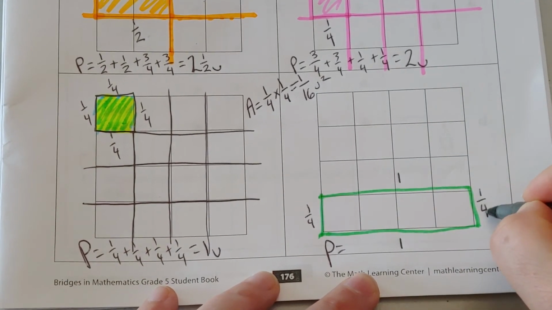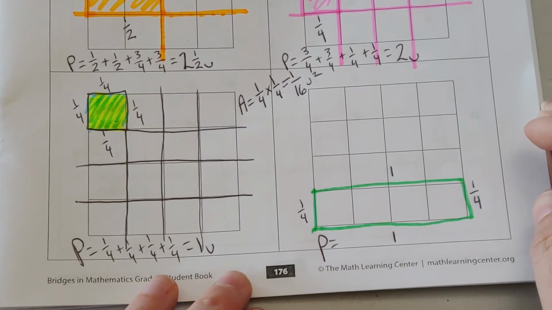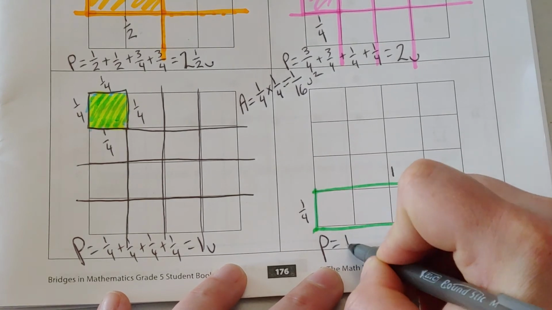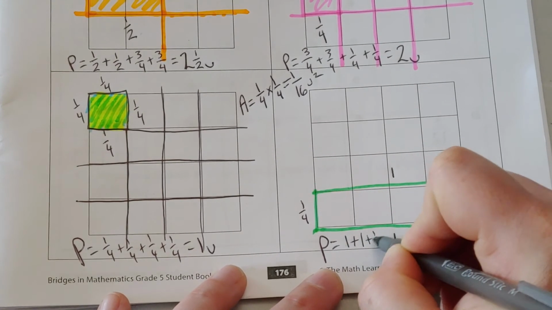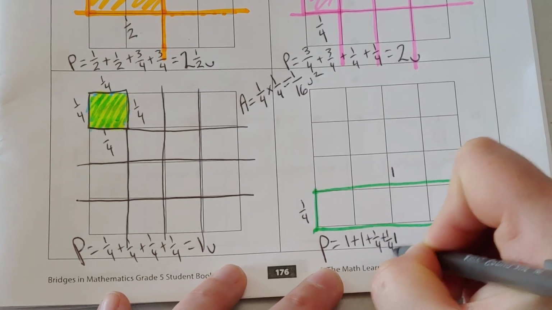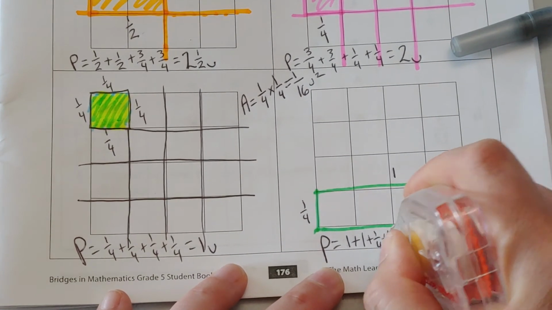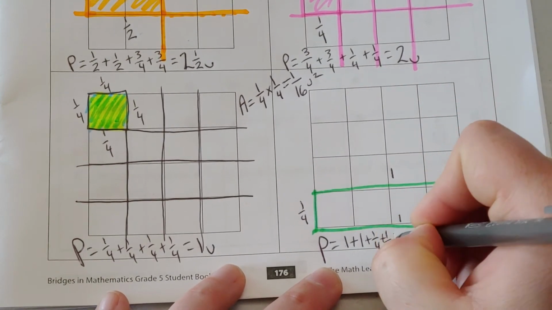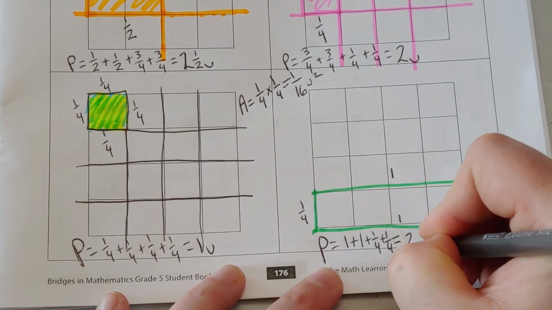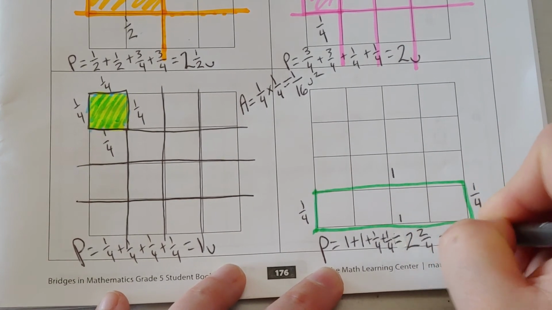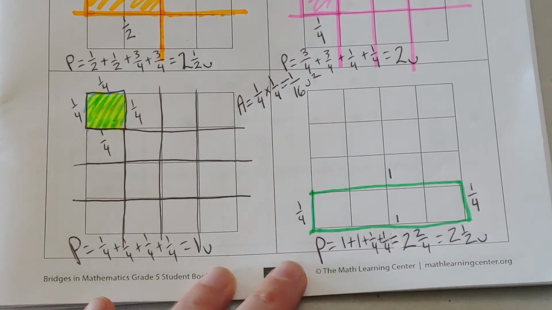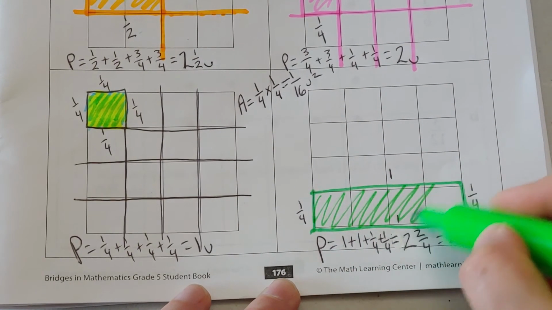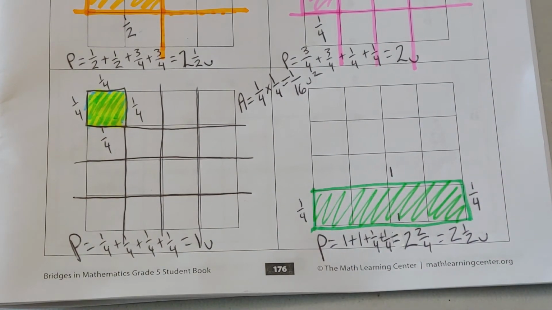Find me the perimeter for this rectangle. One plus 1 plus 1/4 plus 1/4. Equals 1, 2, and 2/4, or 2.5 units. Again, looking at area.